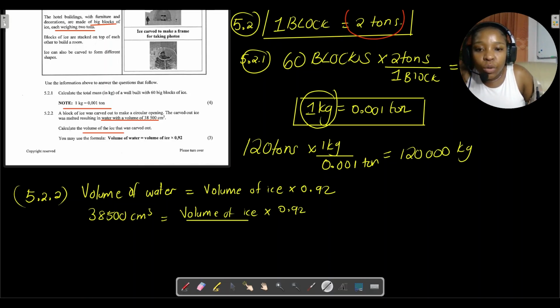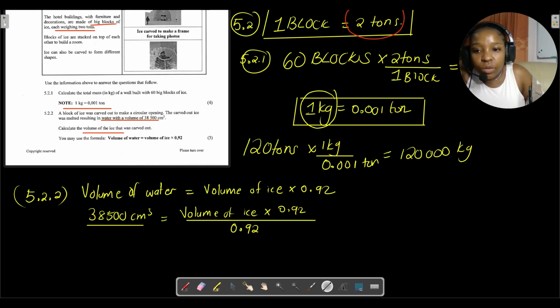Then what do we need to do? We are trying to solve for volume of ice, so we want to isolate volume of ice. How do we isolate it? By getting rid of that 0.92. How do we get rid of 0.92? By doing the inverse of multiplication, which is division.